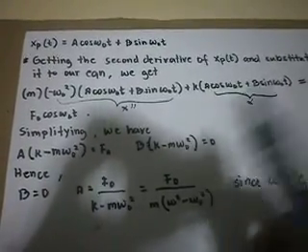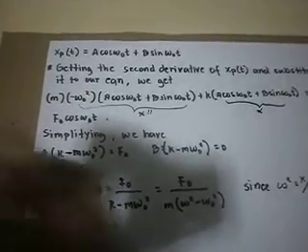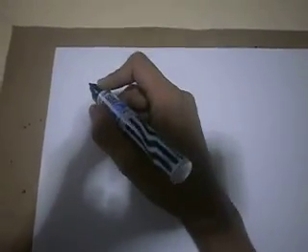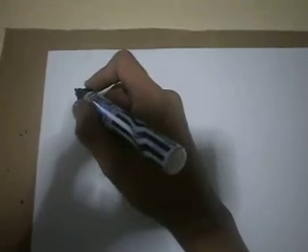Since we now have the values for A and B, we can substitute them into our x particular and get our general solution for our problem.